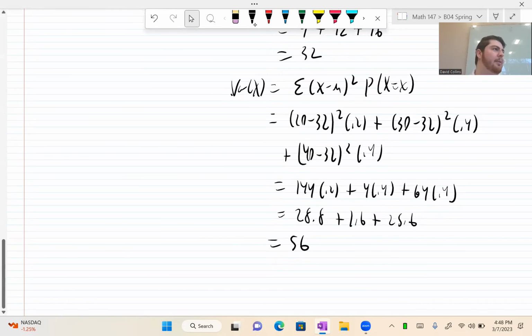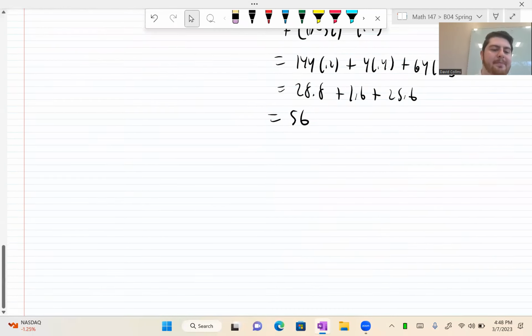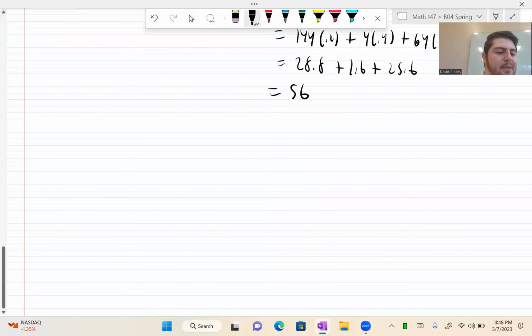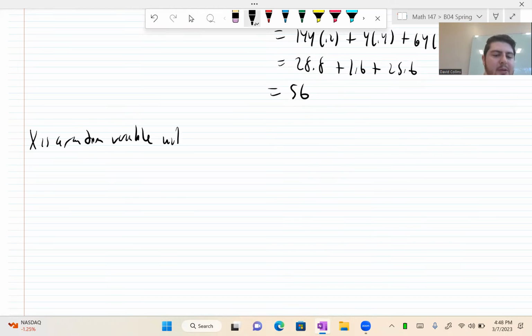Okay, I'm going to show you an example of something like you might see on the test. X is a random variable with mean 4 and standard deviation 5.